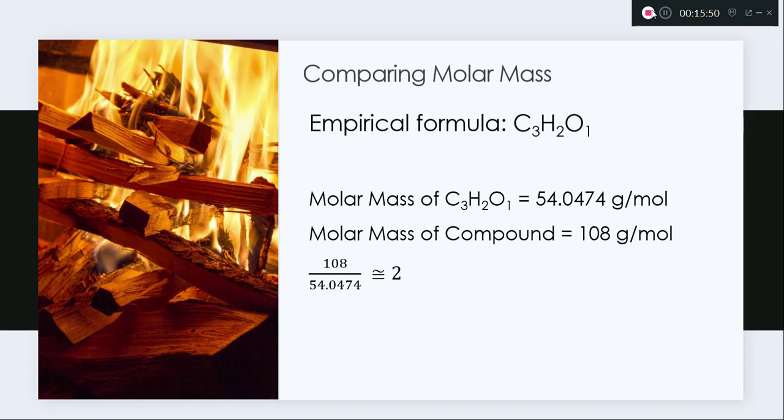That means what I need to do to get the molecular formula is multiply all of my subscripts in my compound by the number 2. So the molecular formula turns out to be C6H4O2.